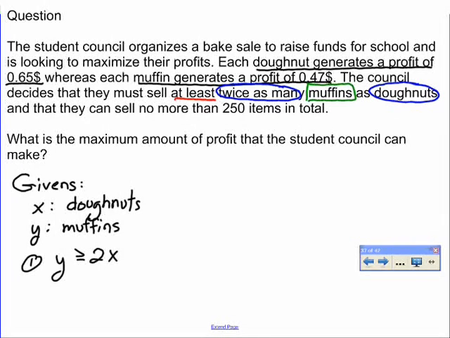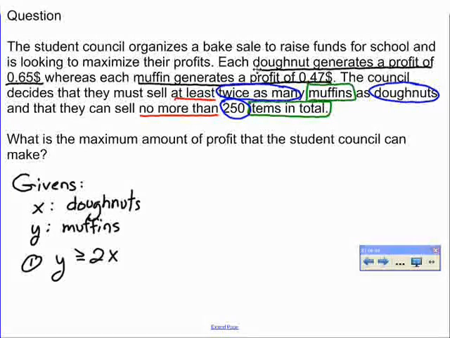Now we can continue along that sentence where it says that they can sell no more than 250 items in total. So again, they can sell no more than, and this sentence is talking about the items in total. So this will be the subject. And the complement of that particular sentence is that the items can be no more than 250.